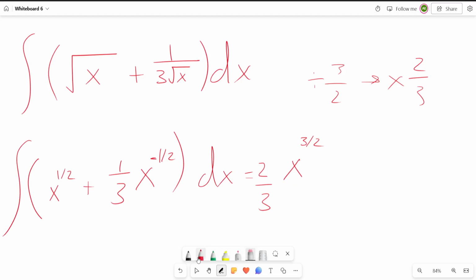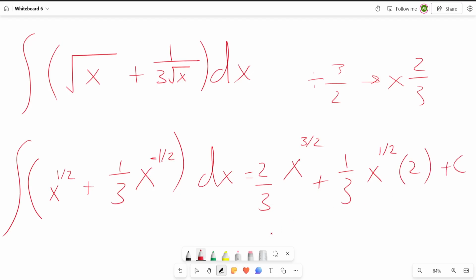So it's going to be 2 over 3 x power 3 over 2, plus we have a 1 over 3, and then we have x power negative half plus 1, negative 0.5 plus 1 is 0.5, or half, and then we divide by half, which is the same as multiplying 2 over 1, or multiplying 2, and we never forget the c.